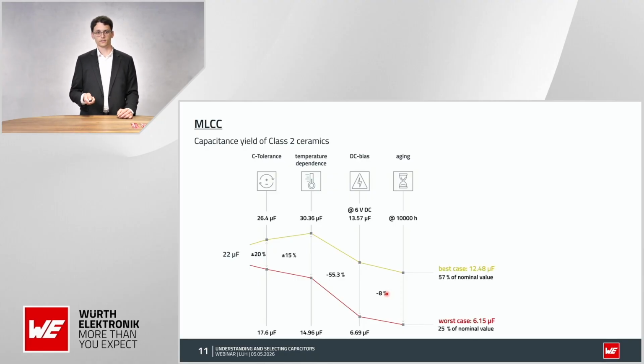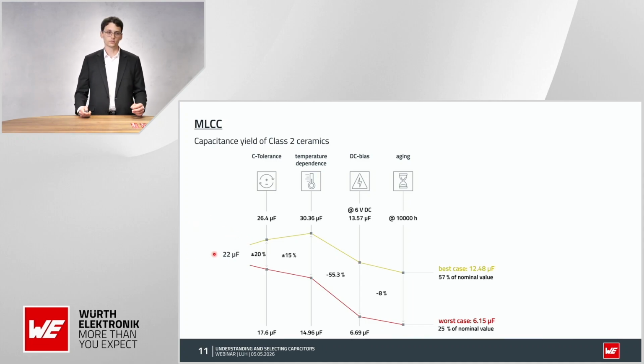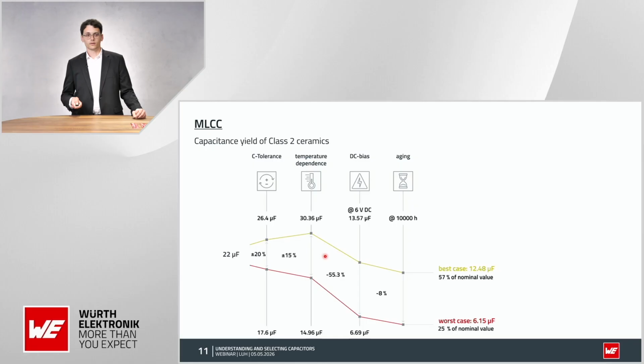So you can see that in the base case, you would have maybe 12.5 microfarads. In the worst case, you would have like 6.1 microfarads or something like this. So you see that you lose a lot of capacitance of your initially planned 22 microfarads. But I have to also say that we just summarized or added these effects up.